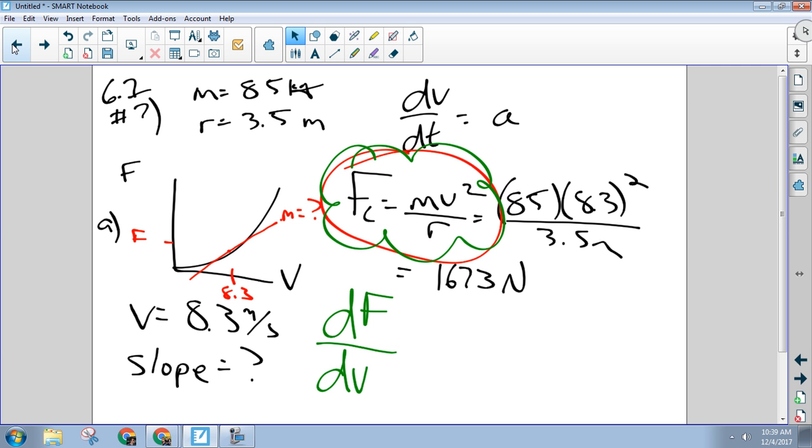Let me see if I can explain why that works. It's not obvious that that works. The dividing by 2 is taking an average, so what you did is you found the average slope between here and here.